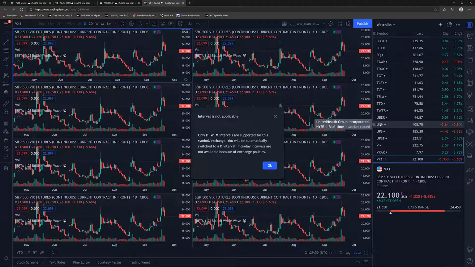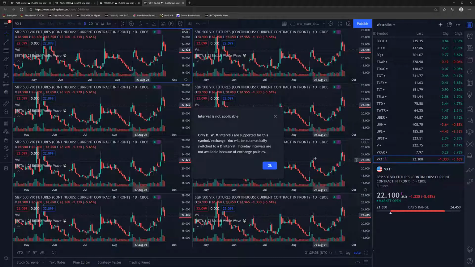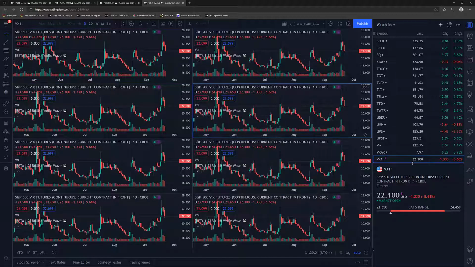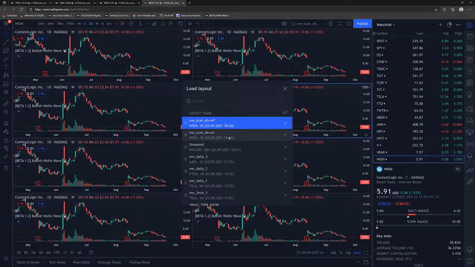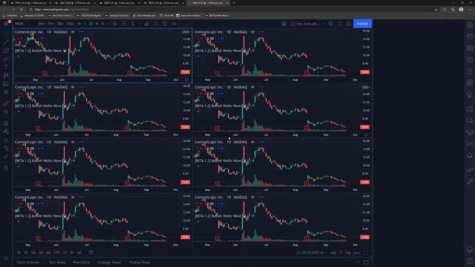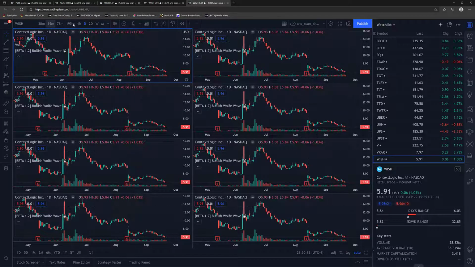So interval is not acceptable, and after they hit that interval, it just resets everything. So this VIX, it's got to go. It's screwing up with my Wolfe Waves. So I'm gonna do that again.